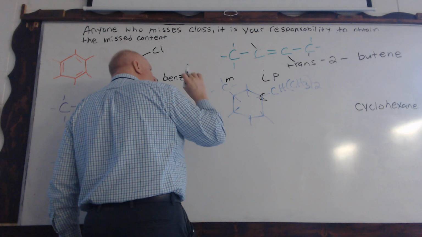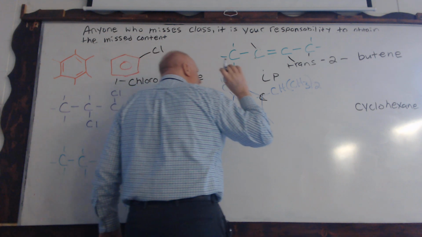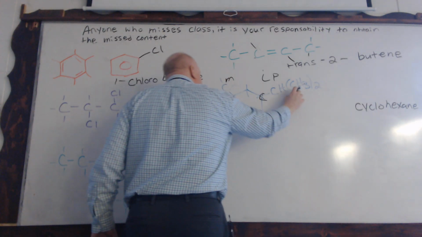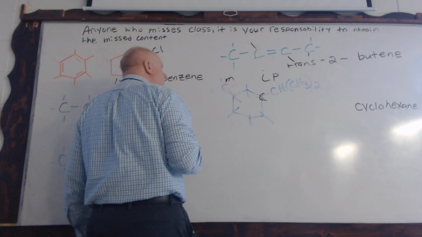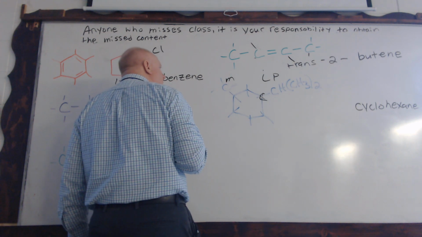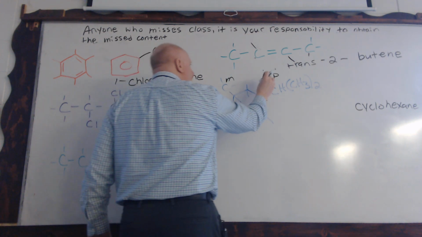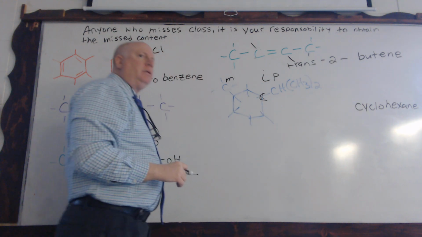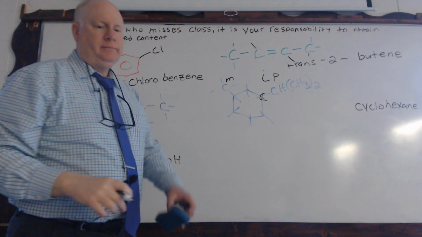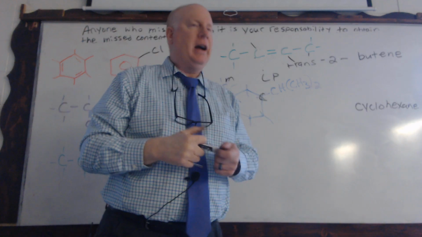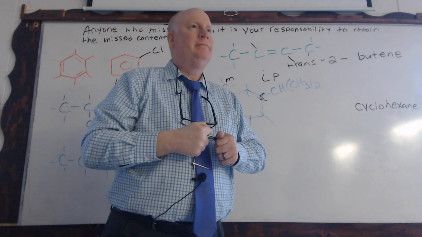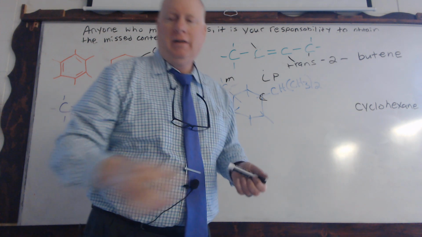So then, does this group come first or this one? The first one, because it's an I, right? But this is a prefix, though. Oh. Can I ask a question on this? Methyl goes first. All right, we got it.